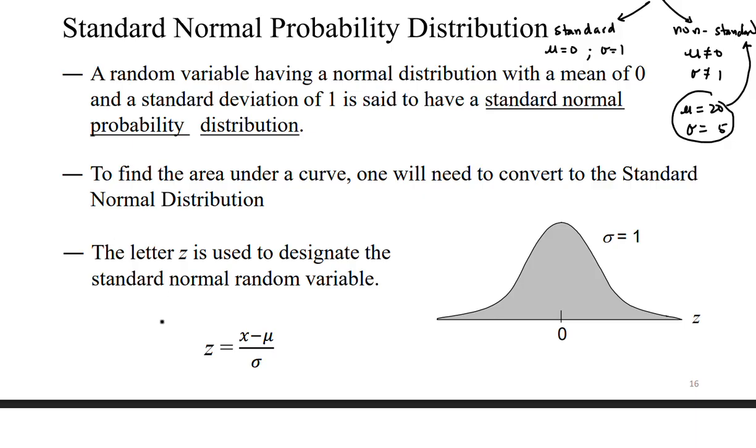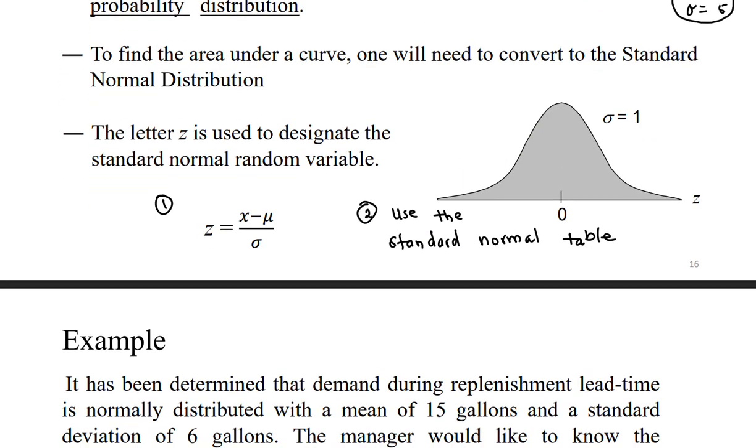Step 1, we will use this very simple formula here to convert the non-standard to a standard normal distribution. And then in step 2, we will use the standard normal table to find the probability. Okay, and that's how we'll be doing here.